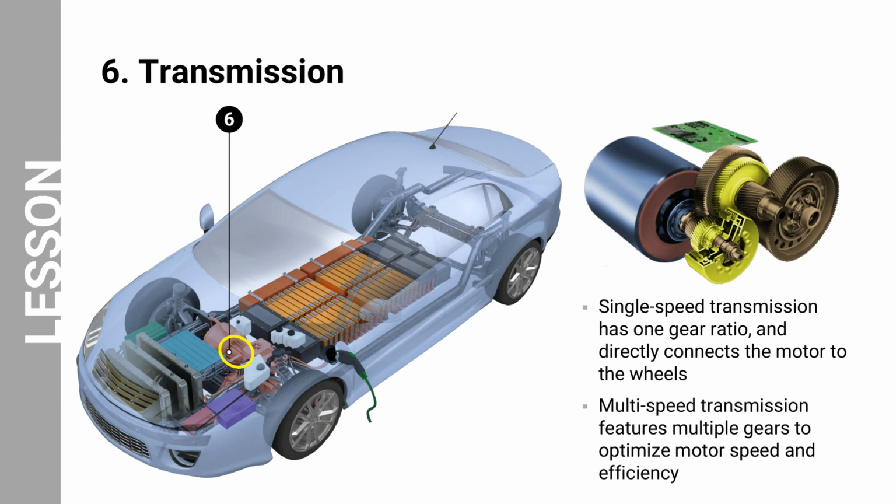Some BEV models, like the Porsche Taycan, may incorporate a multi-speed transmission, although it is less common. Multi-speed transmissions feature multiple gears, allowing the motor to operate at different revolutions per minute, abbreviated as RPM ranges for improved efficiency and performance. RPM refers to the number of rotations the electric motor completes in 1 minute, indicating the speed at which the motor is operating.